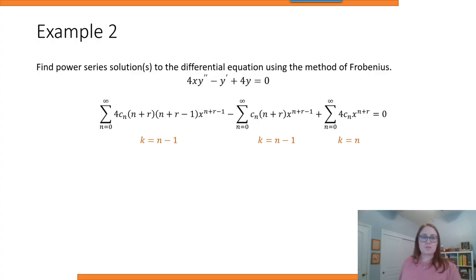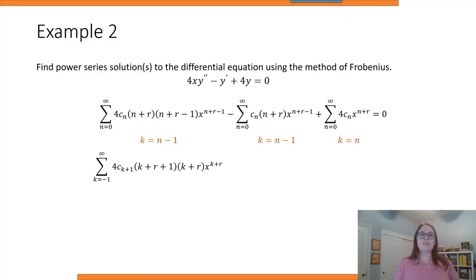Okay, so going to the first one, the starting value was 0, so if n's 0, then 0 minus 1 gives me a starting value of negative 1 this time, which feels a little weird. We normally don't have series that start at negative values, but it's absolutely possible for that to happen. So we end up with a series at k equals negative 1 to infinity.